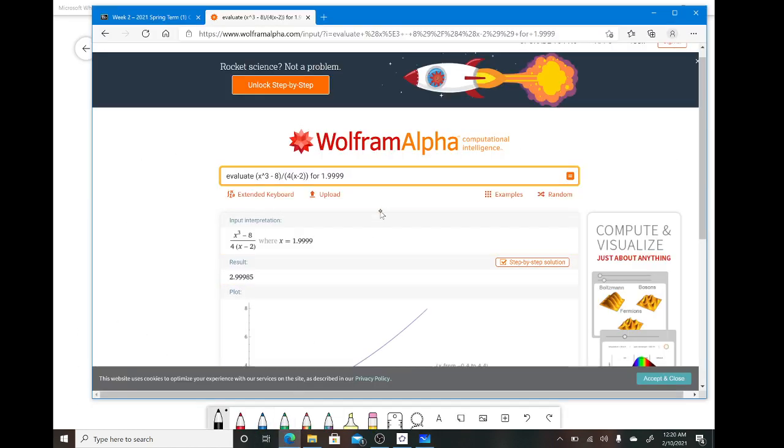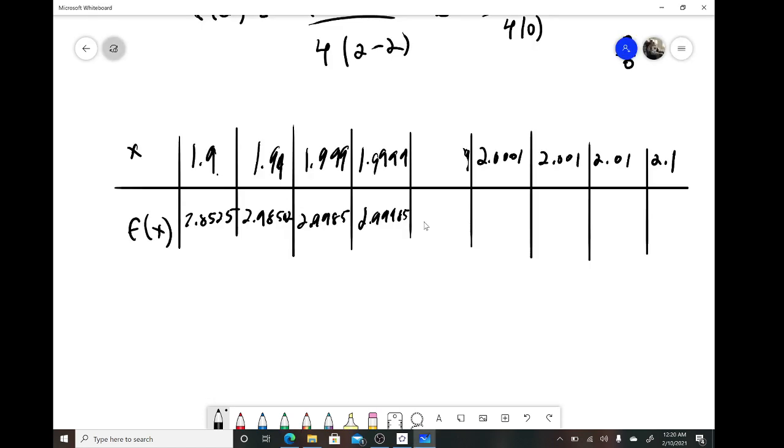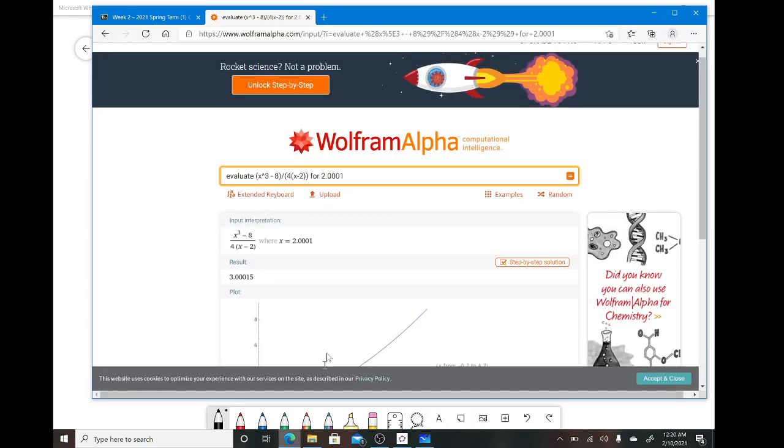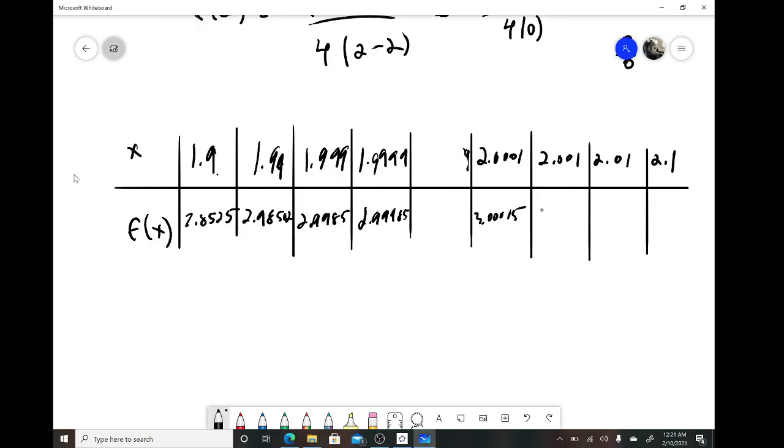And now 2.001, and we're going to get 3.0015. Then 3.00015. We remove one 0, we get 3.0015.